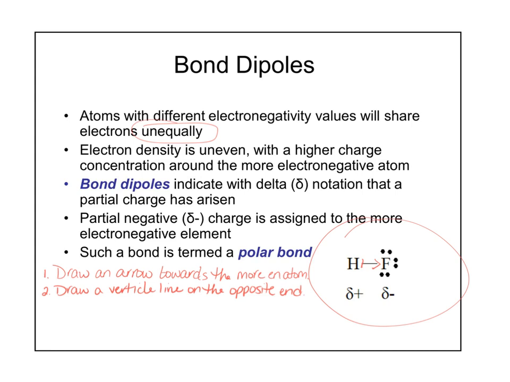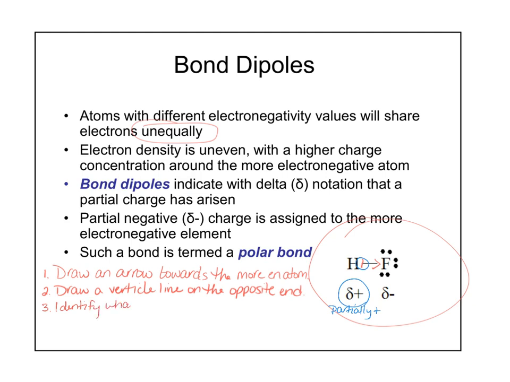Notice on this side, it looks somewhat like a positive sign, and that's going to help you. This is the partial positive end, the hydrogen. So what does that mean? You write delta plus, and this represents partially positive.